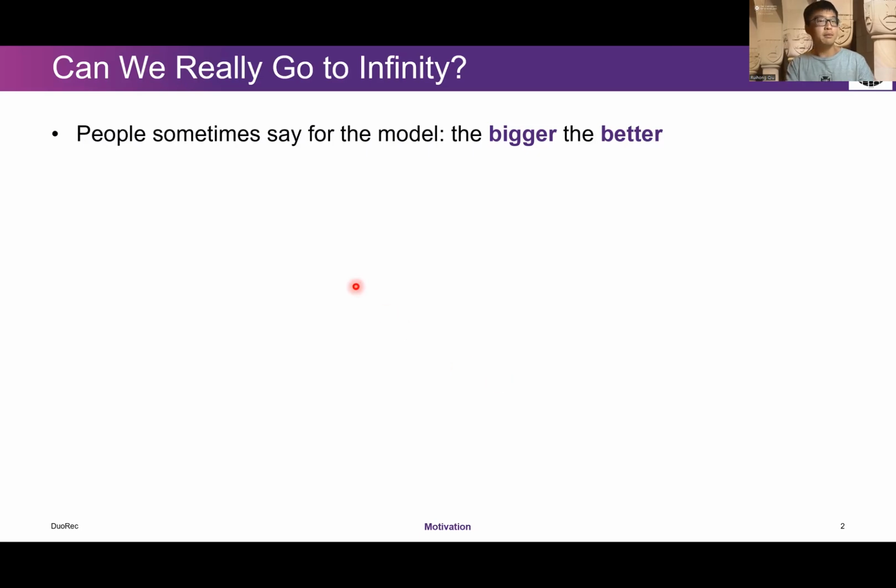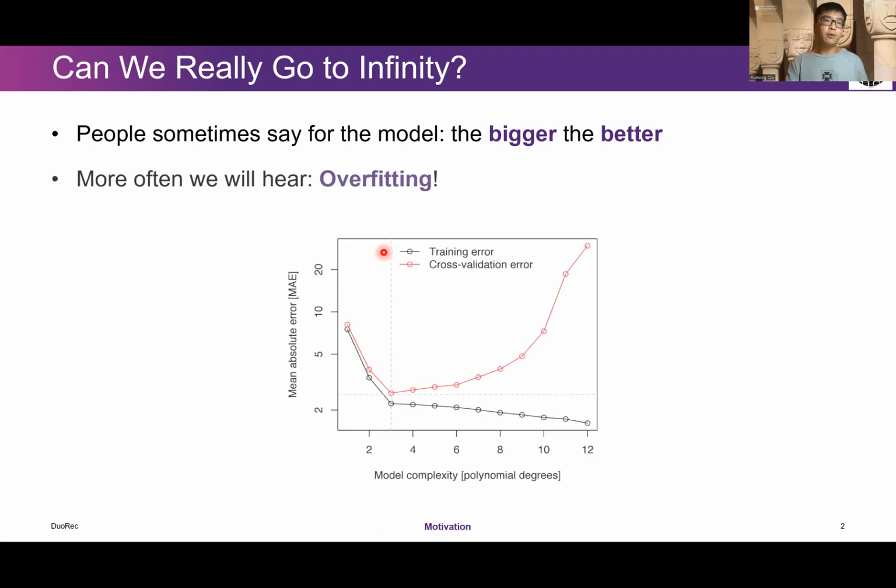Many people sometimes will say that for a data mining model, when it becomes bigger, the performance will generally be better. But there are even more people who say that there will be overfitting. For example, in this figure, the horizontal axis means the model complexity. The vertical axis means the loss.